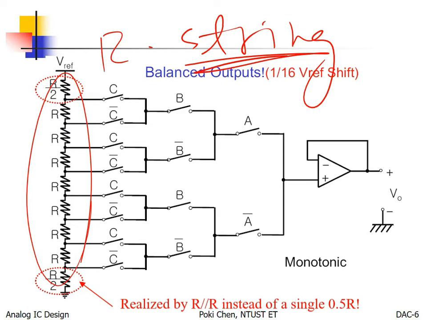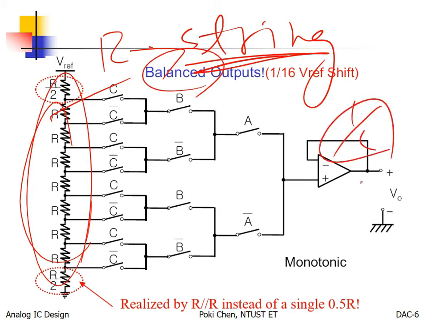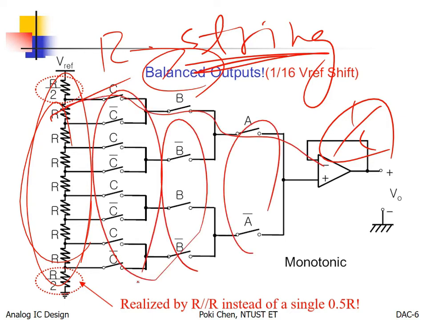Even if we change the structure of the R string to make it balanced, to make the DAC error from 1 to 1/2, bingo. But we still need to face the long delay caused by the switches.